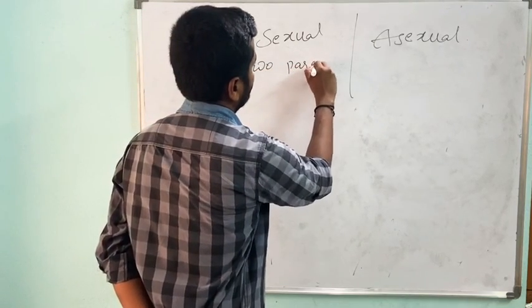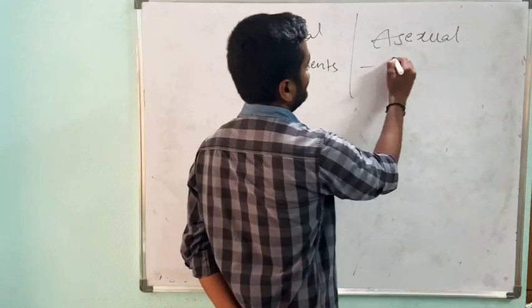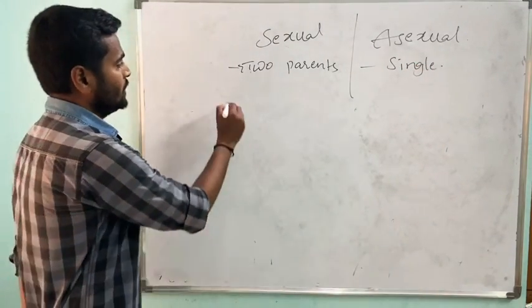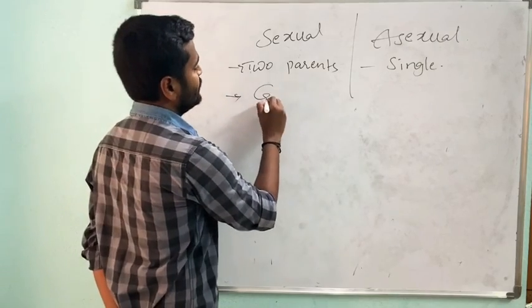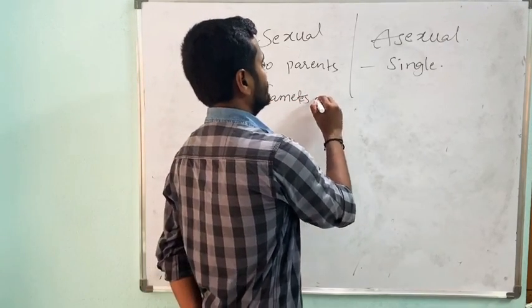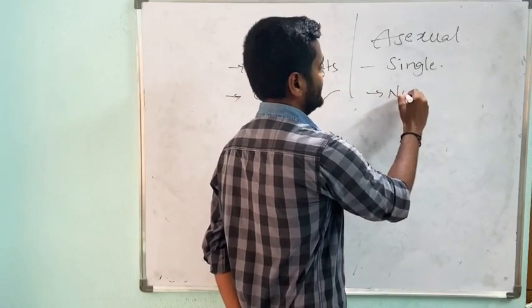In asexual reproduction, only a single parent is required. In the sexual mode of reproduction, formation of gametes takes place.